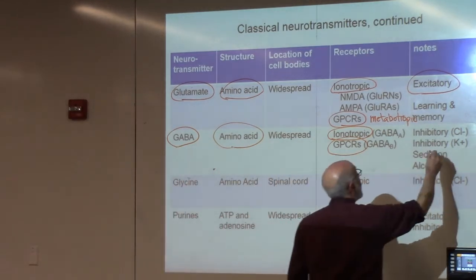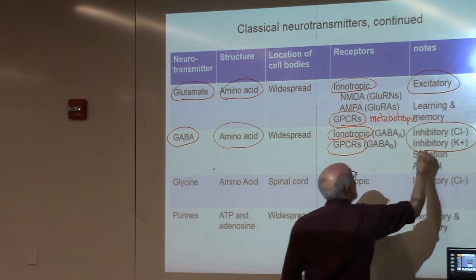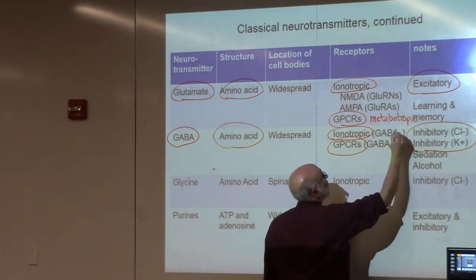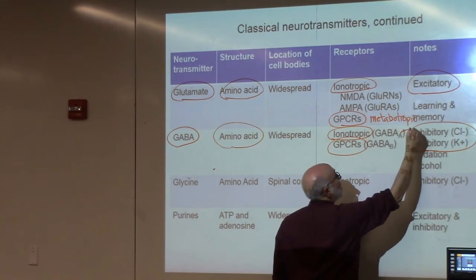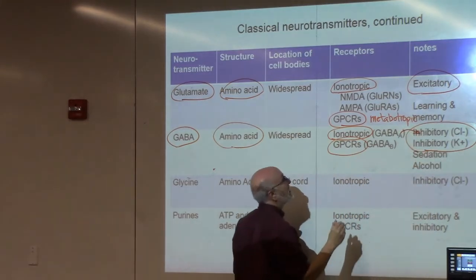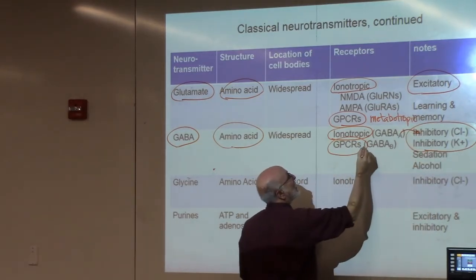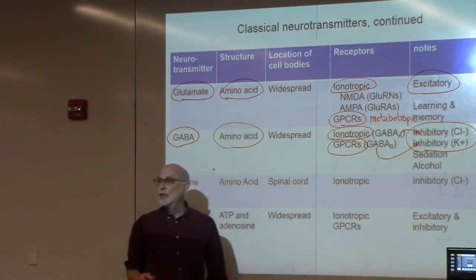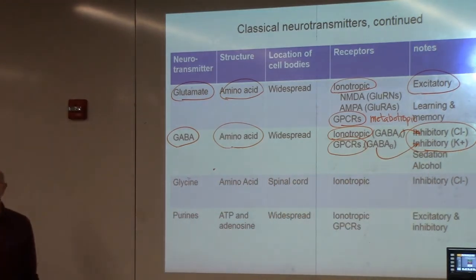And they are both inhibitory, but GABA A receptors are ionotropic and inhibitory because of chloride channels, and metabotropic GABA receptors are inhibitory because of their coupling to potassium channels. You did this in the problem set.